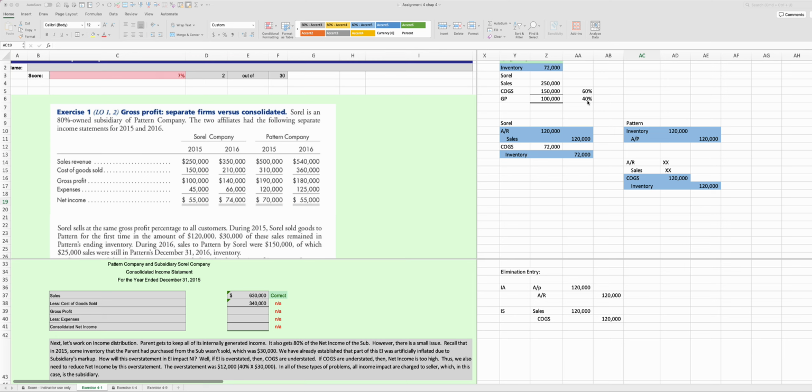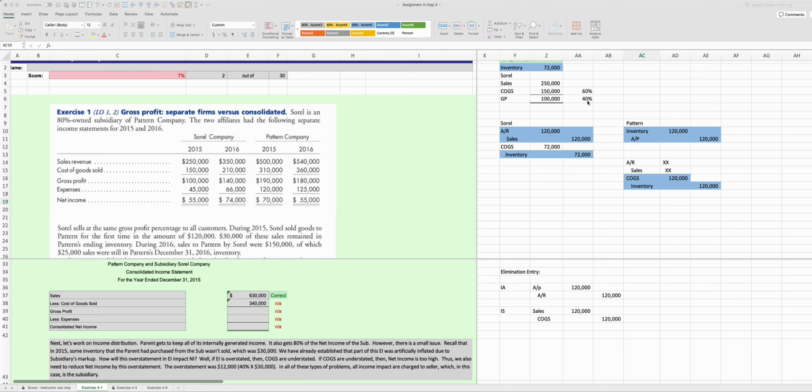That's a gross profit. So 40% of this amount is in ending inventory, and again, we're not allowed to record any portion of intercompany markups. And so let's take a look at how this will impact cost of goods sold.